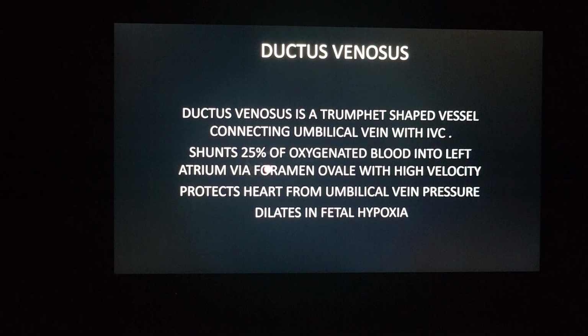This facilitates shunting of 25% of oxygenated blood into the left atrium via foramen ovale with very high velocity, thereby bypassing the right heart. This protects the heart from the umbilical venous high maternal pressure and also dilates in hypoxia.